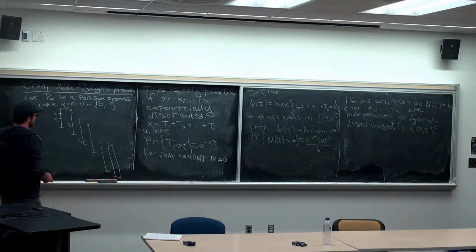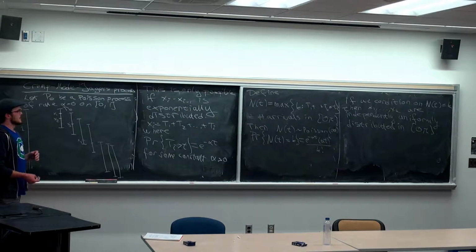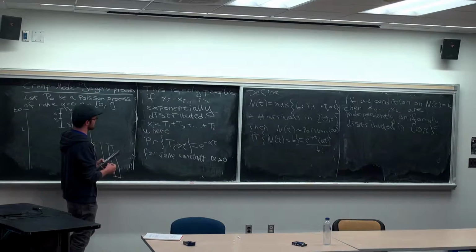Now the question we're asking is, at any given time, can we figure out the distribution, the probability that the number of processes alive at that time is k? So let me say that.